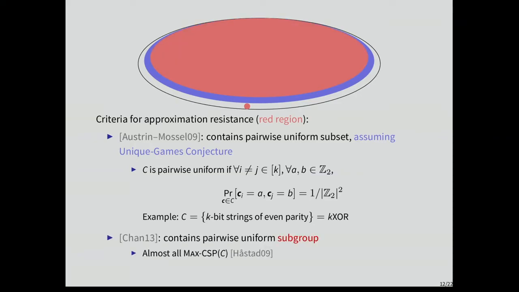The hardness result I'm going to tell you says that we can prove a very similar result if we assume the set C is not just pairwise uniform, but also a subgroup of Z_2 to the k. Then the CSP you construct from those predicates will be approximation resistant.